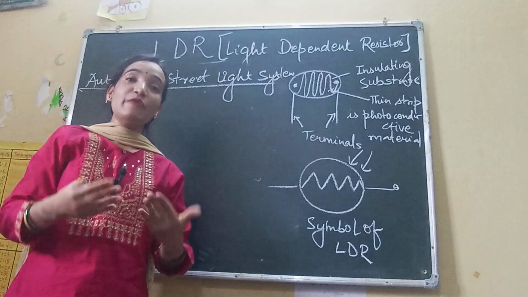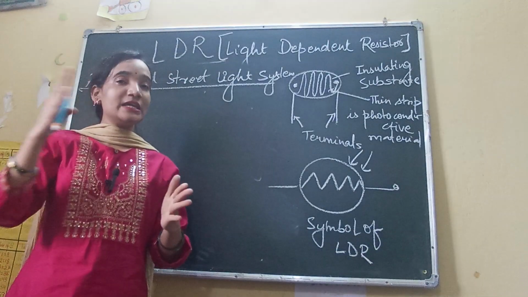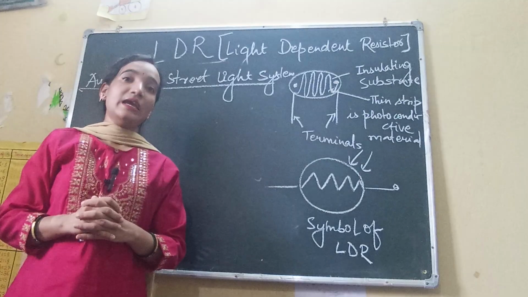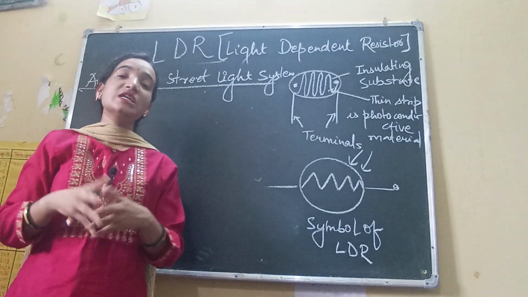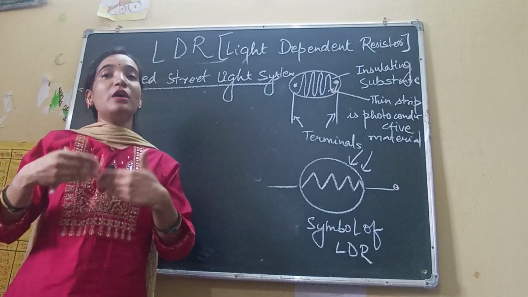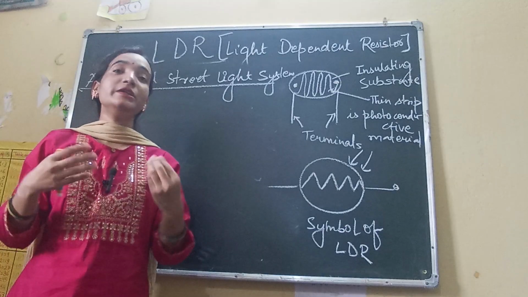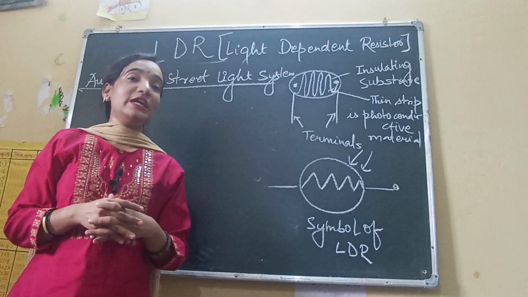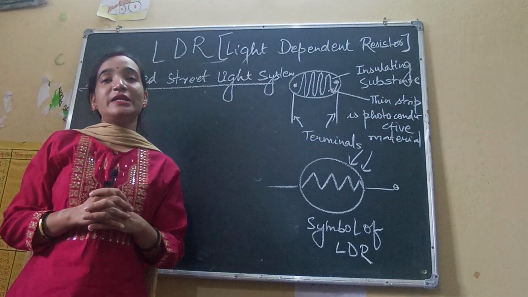While the time passes and the day is getting over, the intensity of the light is getting decreased. And after the dusk, when the surroundings start to get darker, we find that the value of the LDR is getting higher, meaning the resistance is getting higher.